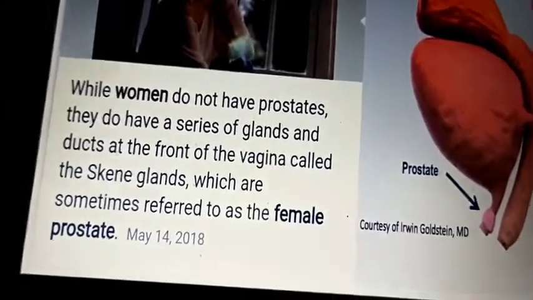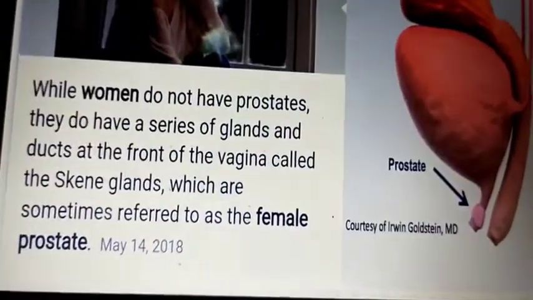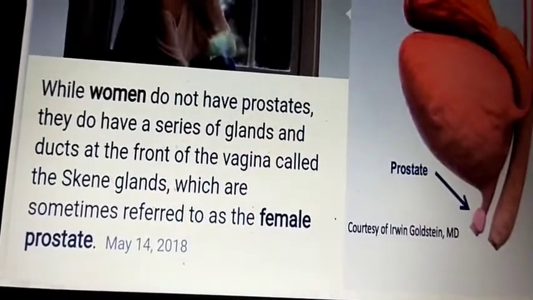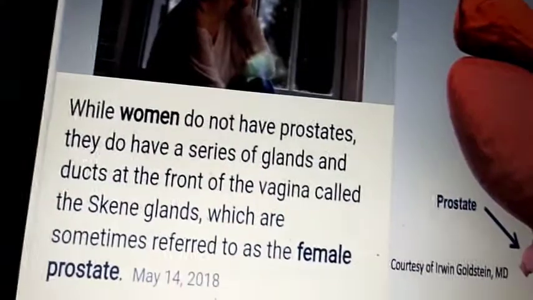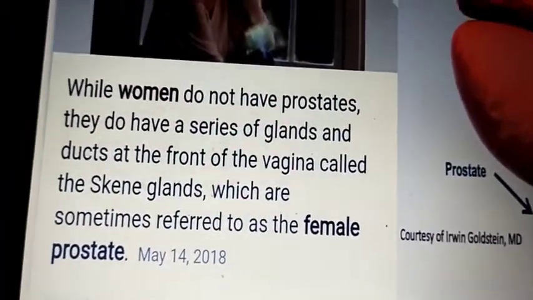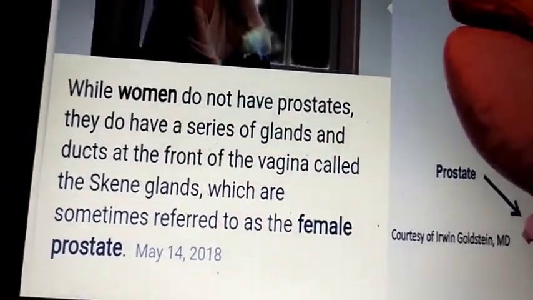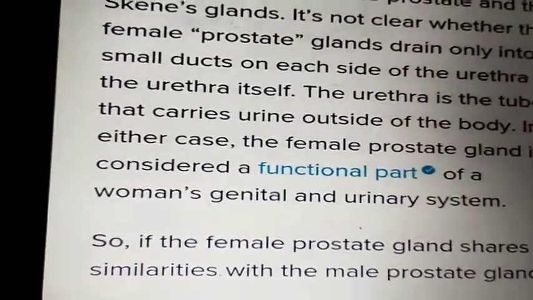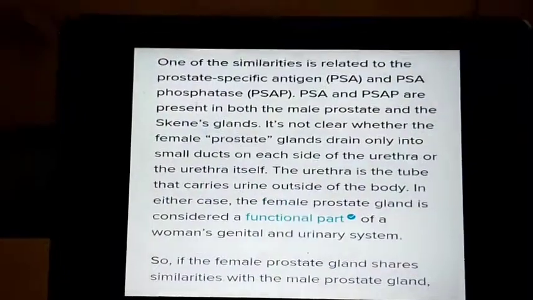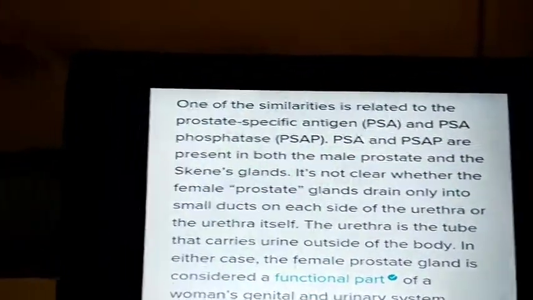In the male, it is a very important gland present in the neck of the bladder and behind the external urethral sphincter. One of the similarities is related to the prostate specific antigen, PSA.